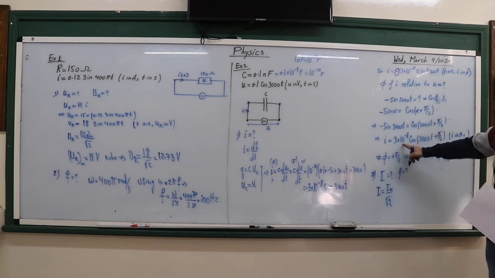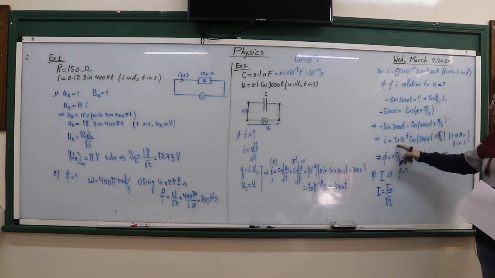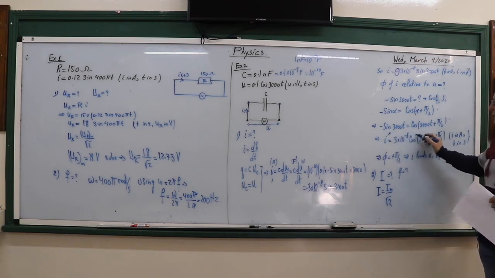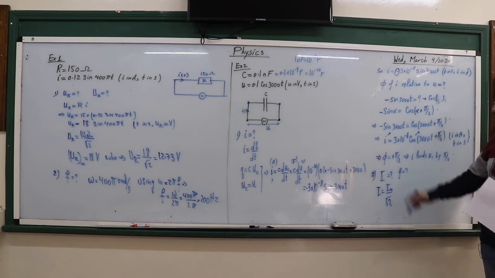And I maximum is the coefficient before cosine, and it is positive. Why? Because as I increases, cosine increases, so I is maximum when cosine is 1.